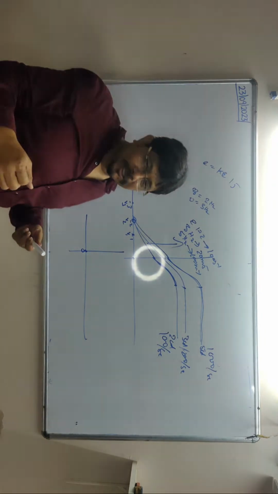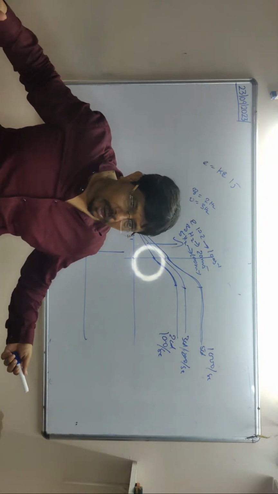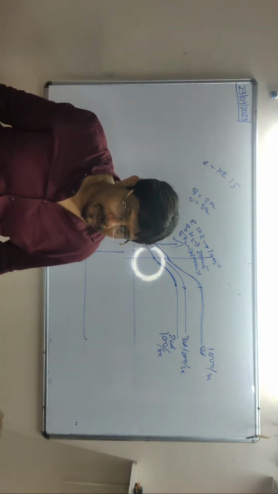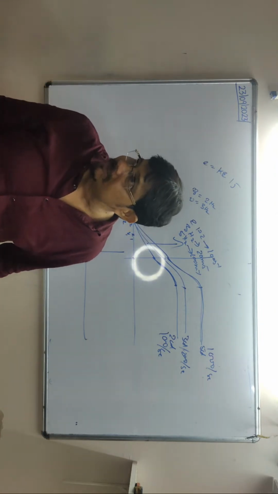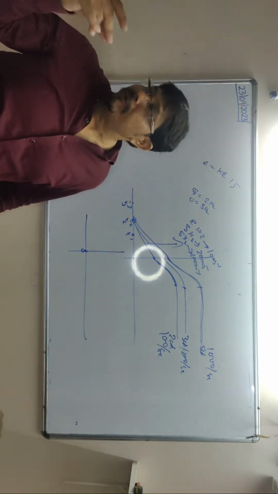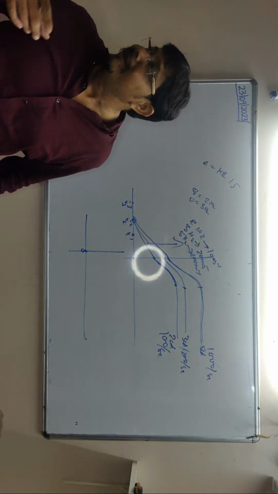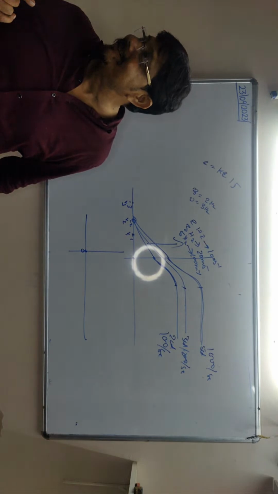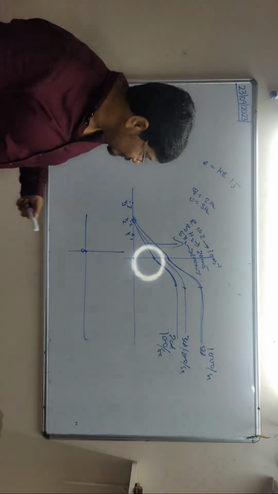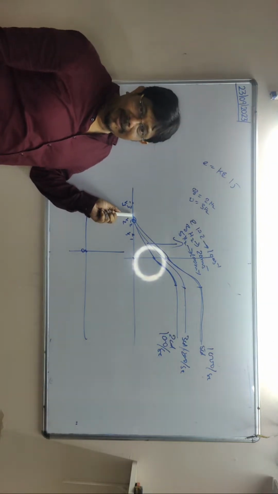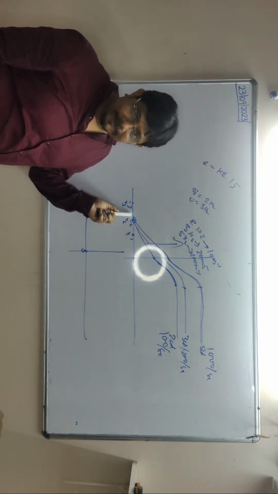If any person is coming with great speed, how much force do you have to apply? Larger and larger to stop that electron. You will get different stopping potentials with different frequencies. If the velocity was 10, the stopping potential would be this.